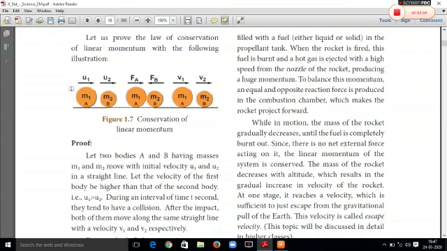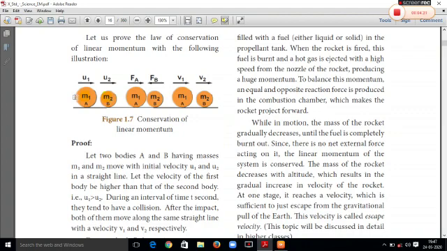Two bodies A and B having masses m1 and m2 move with initial velocities u1 and u2 in a straight line. The velocity of the first body is higher than that of the second body, that is, u1 is greater than u2. During an interval of t seconds, both bodies collide with each other.